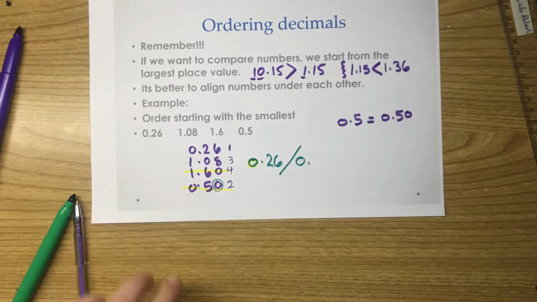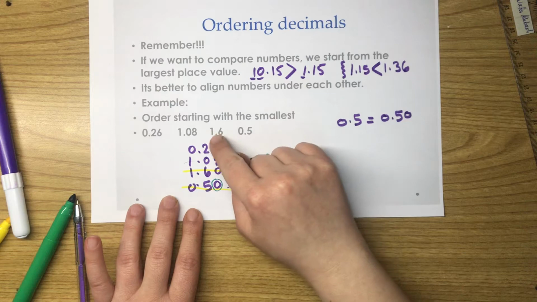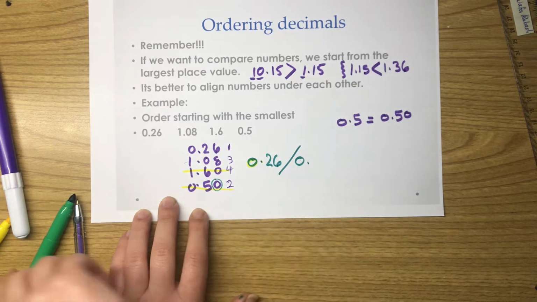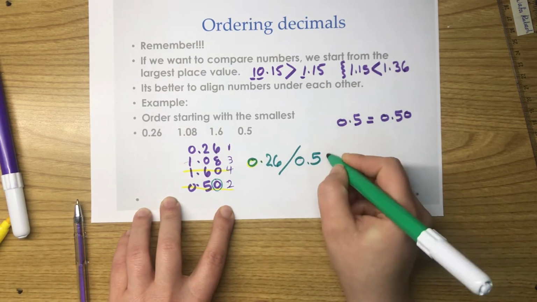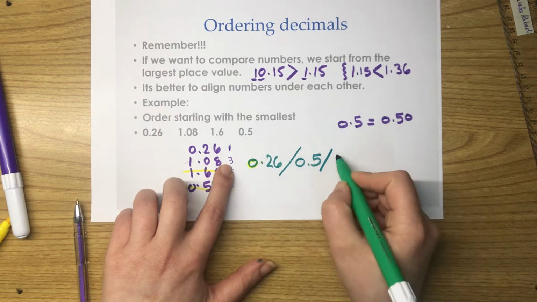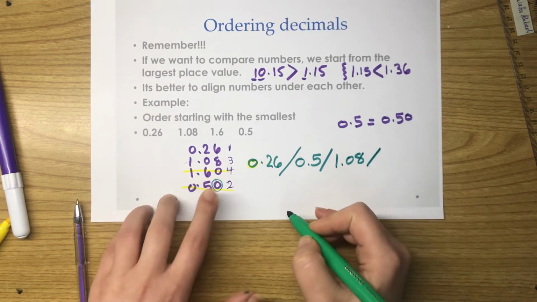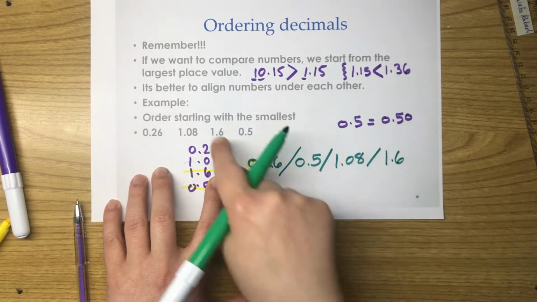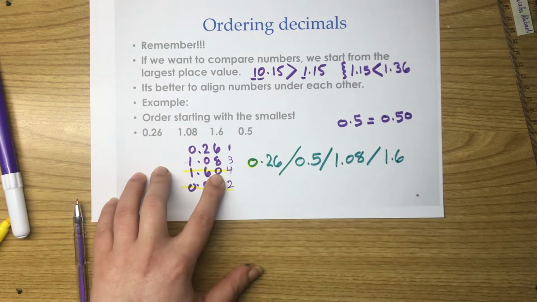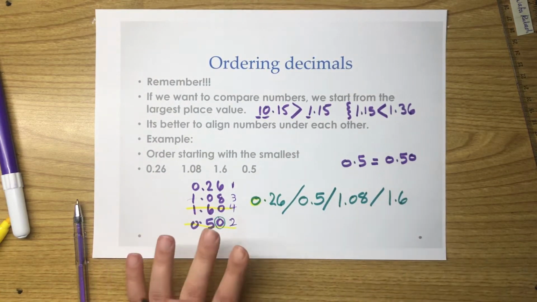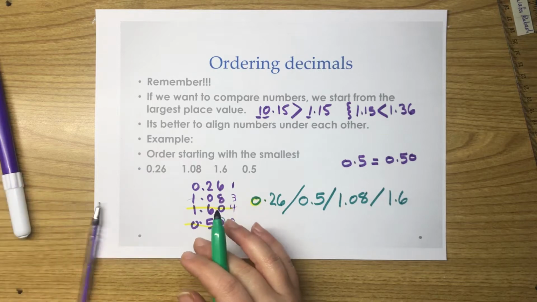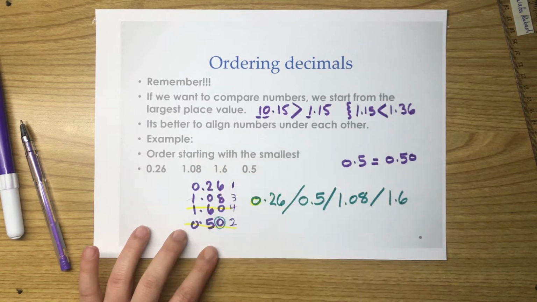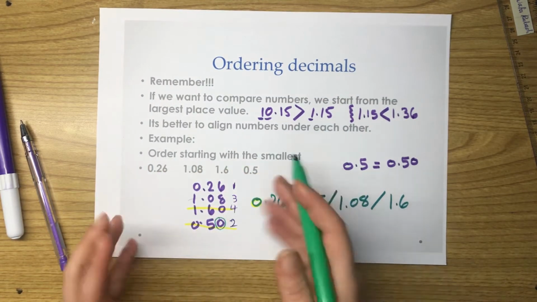You have to write them in their original way. I'm not going to write 0.50, I'm going to write it as 0.5. Next, the third one is 1.08. The last one is 1.6, the way they wrote it in the question. If you have any exam or upcoming question, you have to write them the same way they do in the original question.